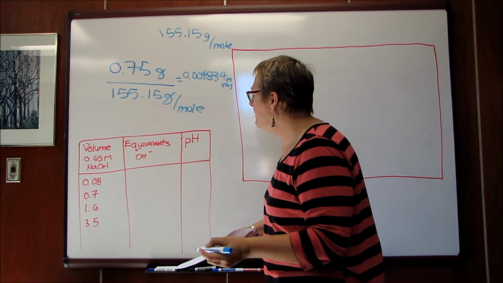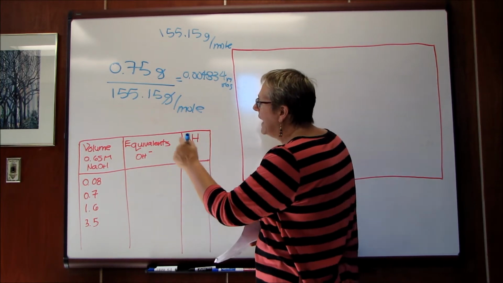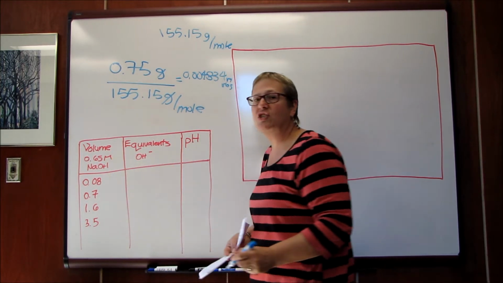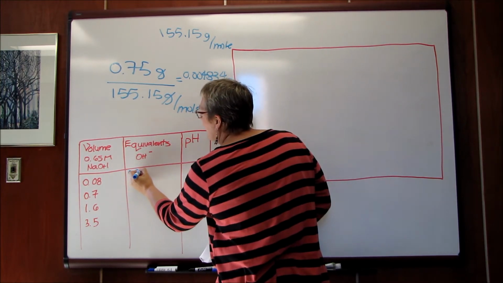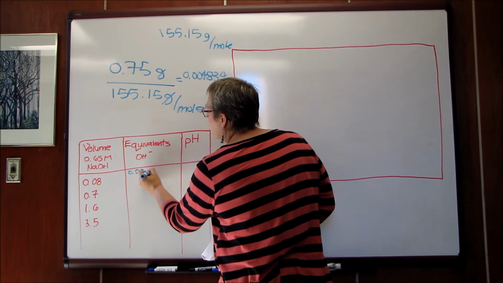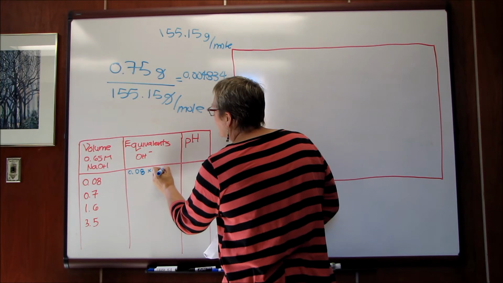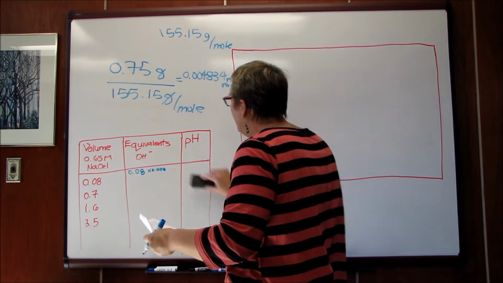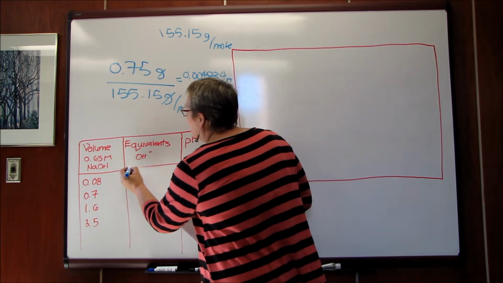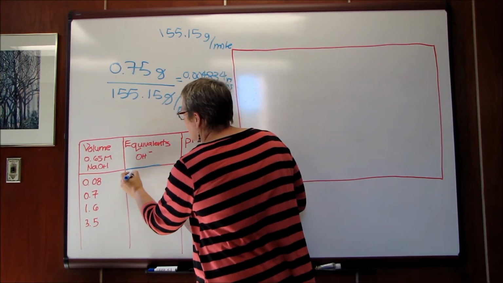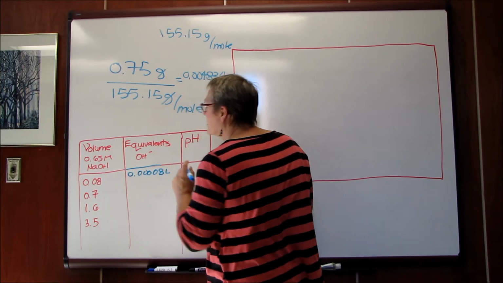One way is kind of doing it in 2 steps, is to figure out how many moles of NaOH each addition is. So let's do it for the first one. It's 0.08 mils. How about we convert 0.08 to liters and say that this is 0.00008 liters.